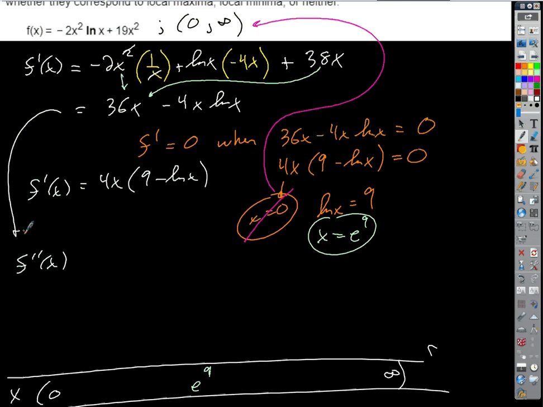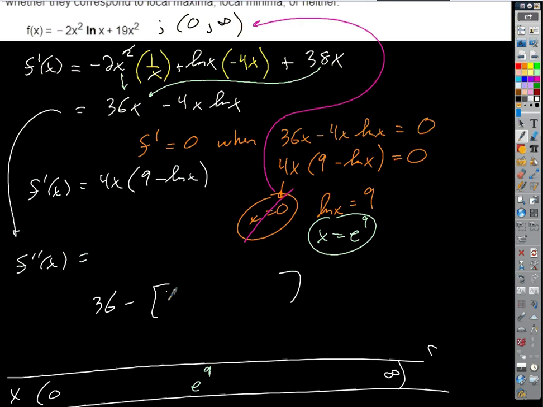what's my second derivative going to be? First term is 36 minus, and then I'm going to put all this stuff in brackets because I'm subtracting the derivative of that product.